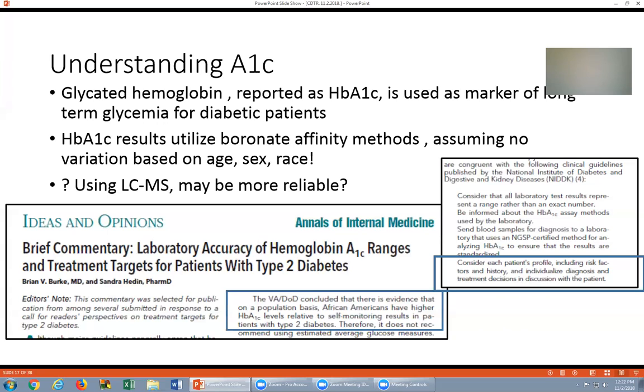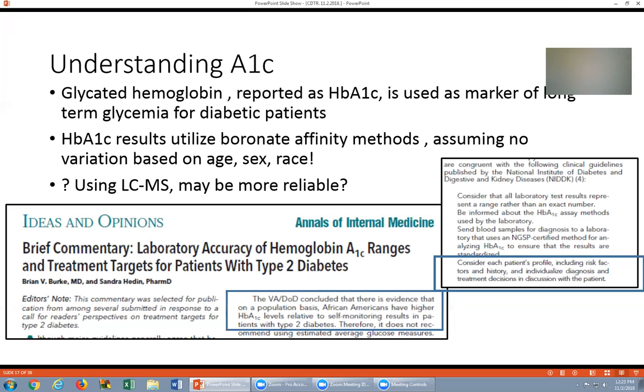And just around this time, there was a very nice opinion piece in the Annals, where the Department of Defense and the VA, after doing some extensive review, they have lots and lots of records available. What they found is that there is evidence on a population basis that African Americans have higher A1c levels related to self-monitoring of their blood sugar.